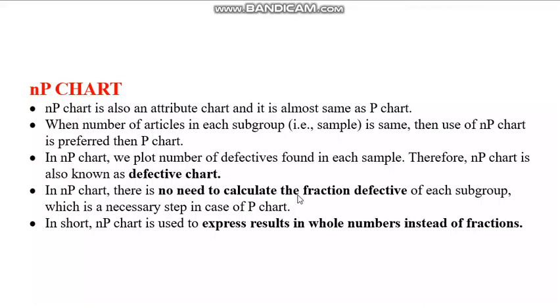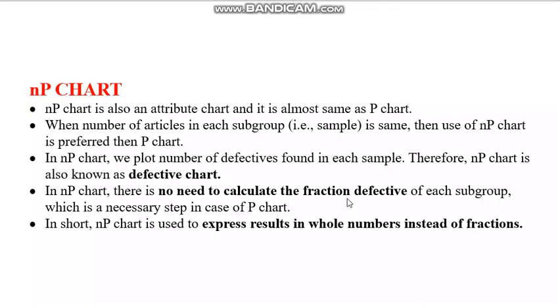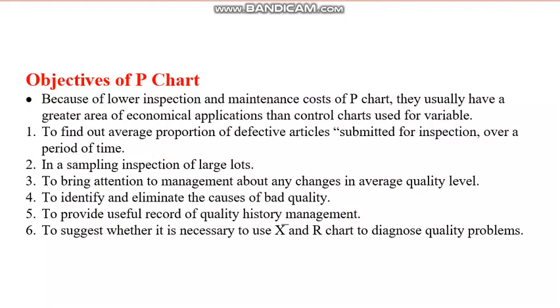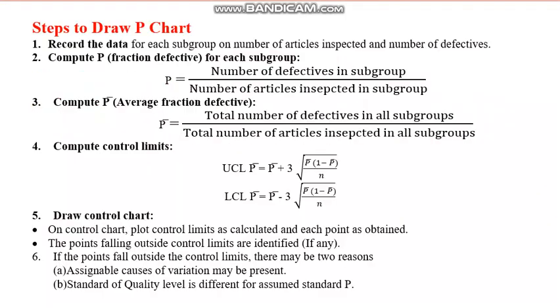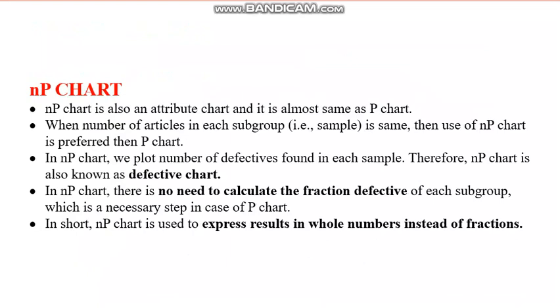Okay, in NP chart there is no need to calculate the fraction defective. See, that means in the P chart calculation, this second step is unnecessary. You need not do it in case of NP chart.